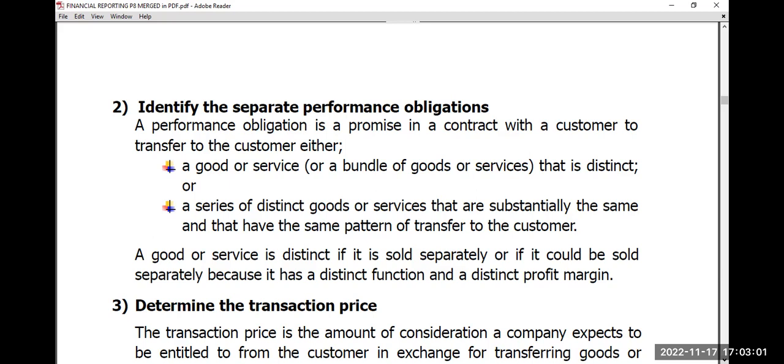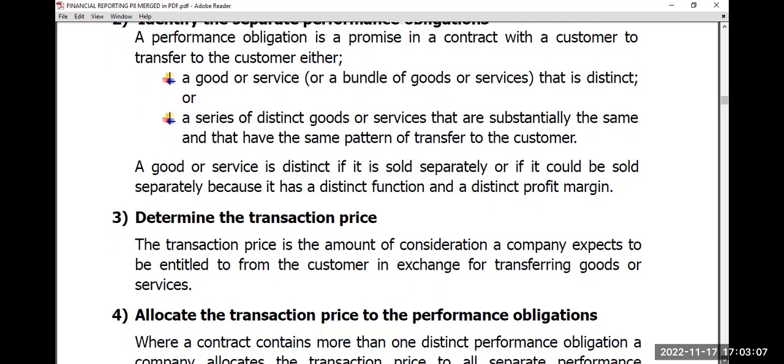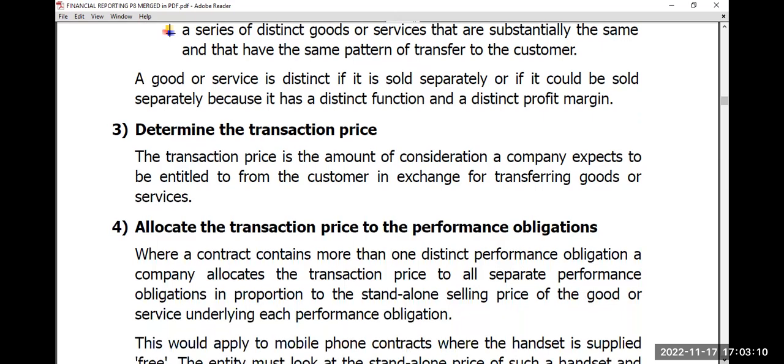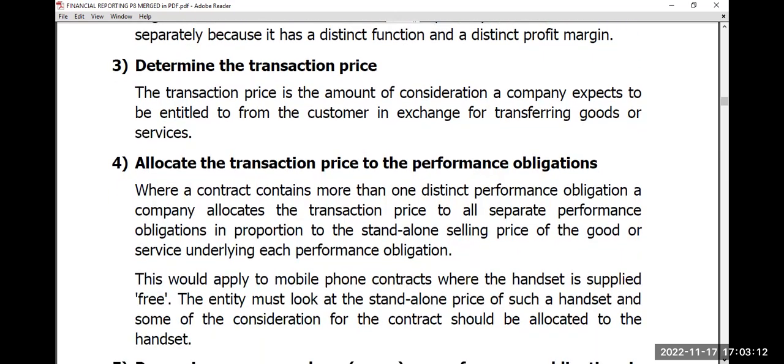So we look at the third step. We said there are 5. It is a 5-step model. We've seen 2. And the third one is to determine the transaction price. When we are looking at the transaction price, it's all about determining how much the customer is going to pay the seller.